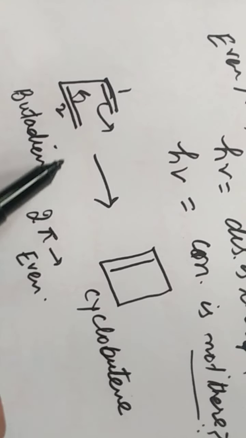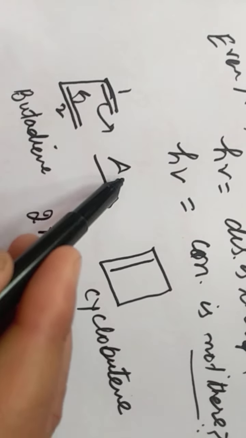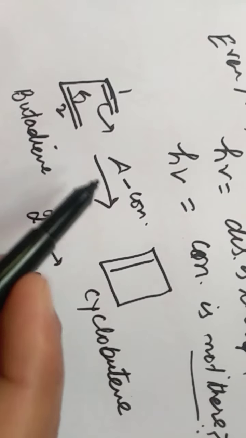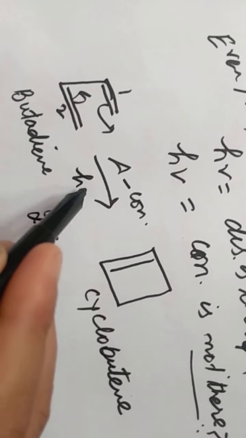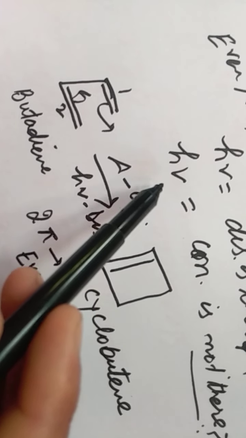So the reaction is thermal conrotatory and photochemical disrotatory. Now, why is thermal disrotatory not there and why is photochemical conrotatory not there?